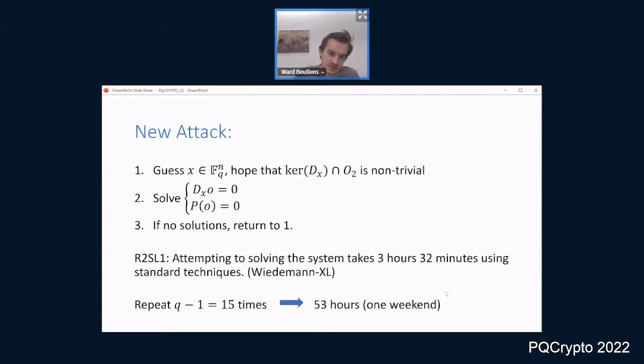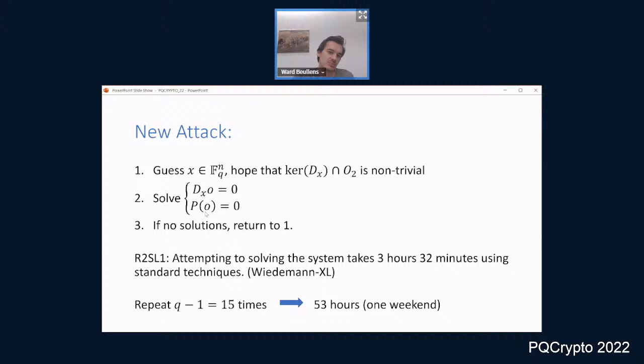And with this observation, the attack is really simple. You just guess a differential dx. You hope that it has a non-zero kernel vector in O2, and then you try to solve for this vector if it exists, right? So you're solving this system where dx(o) is equal to 0, which just says o is in the kernel of dx.